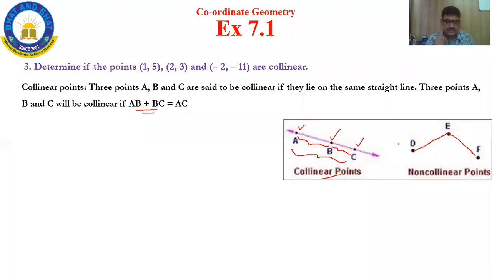Remember, this is a specific case. 3 points are said to be collinear if they lie on the same straight line. How do we determine that mathematically? Is this logic: distance between AB plus distance between BC should be equal to distance between AC. So I should simply find out AB, BC, add both of them, and it should be equal to AC. So that logic I will apply.